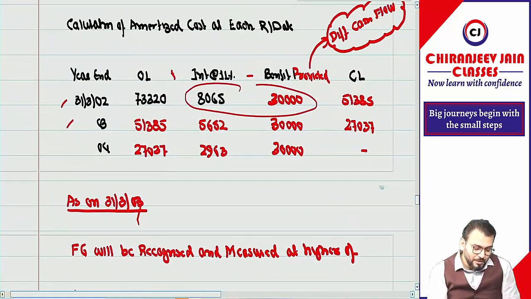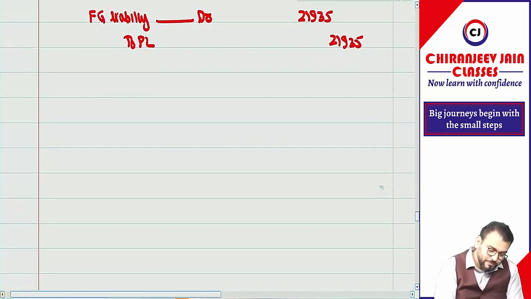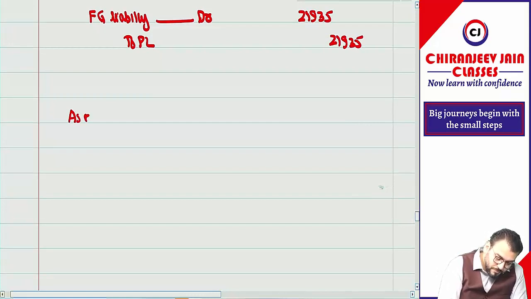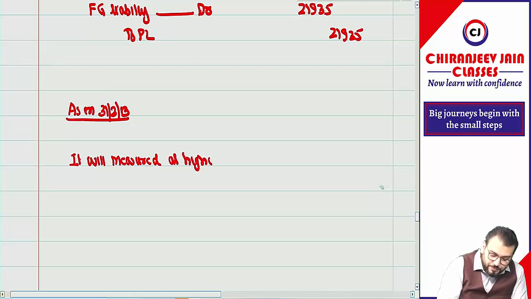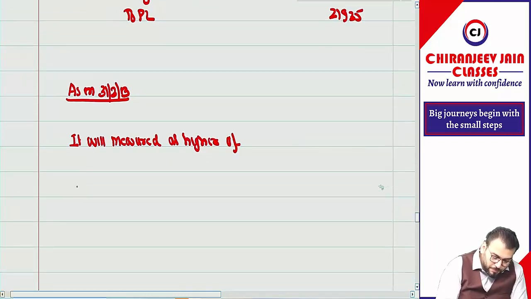Correct. Now let us do as on 31st March 2003. Same thing. It will be measured at the higher of point number A, loss allowance.